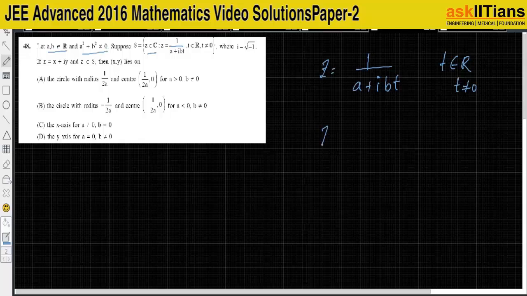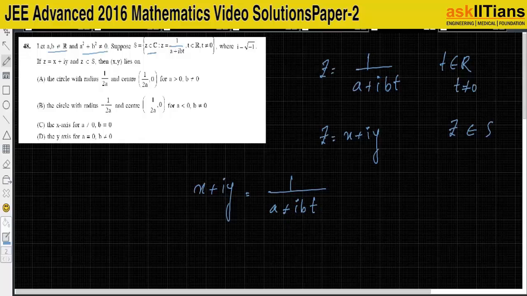Z is equal to x plus iota y. Okay, this is also given. If Z is some element of S, and Z is x plus iota y, then x comma y lies on which curve? So it's given that Z is picked up from this set. Okay, so I need to solve this, right?